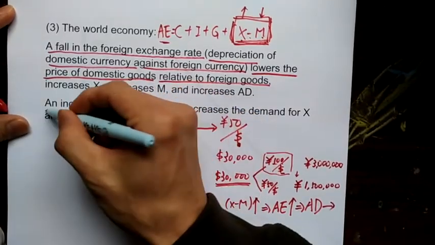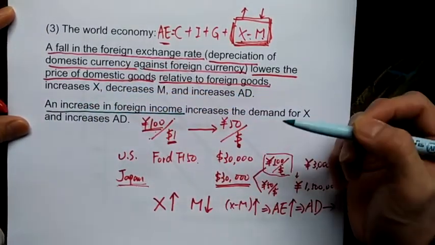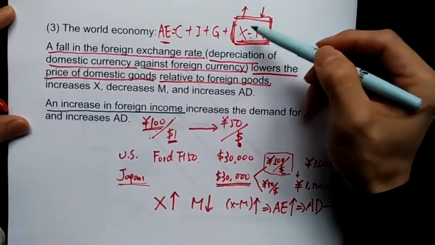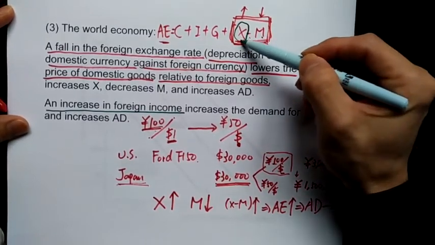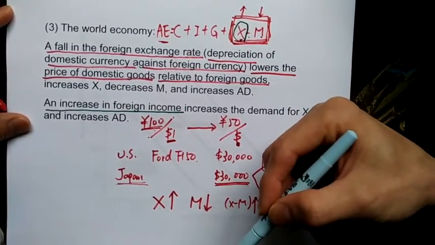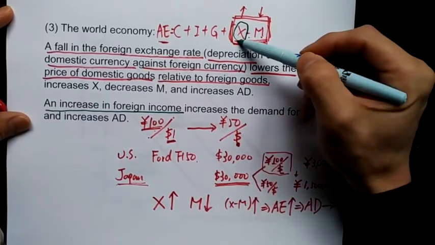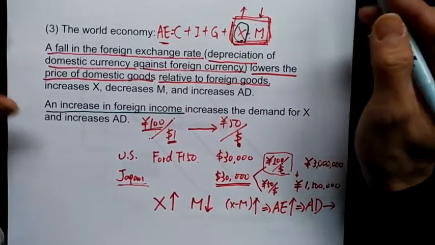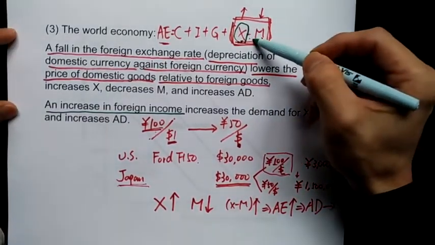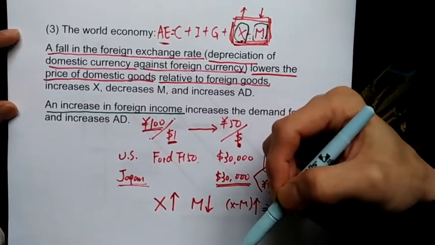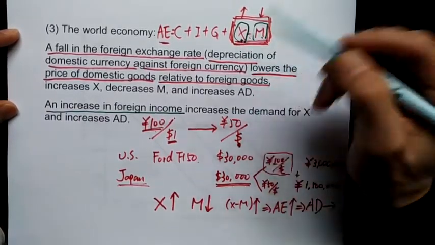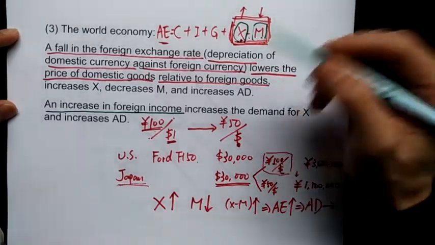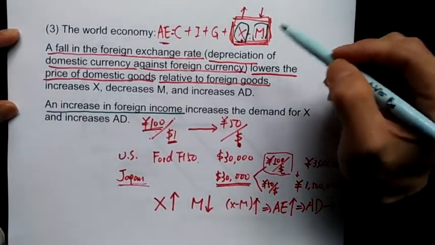Another factor is an increase in foreign income. Remember, export doesn't depend on our income, but export depends on foreign income. It's like imports depend on our income. So our export to the other country is the other country's imports, which depends on their income.